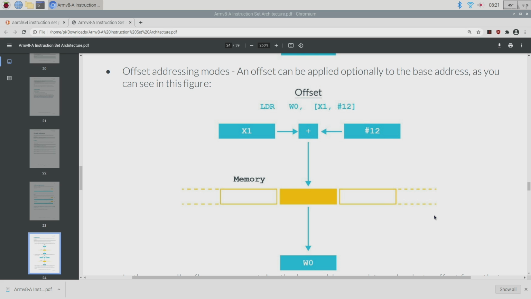How did we use it specifically? So in our case last time, X1 had a pointer to a what? A string, okay? And what were our offsets? What did the offset do for us?